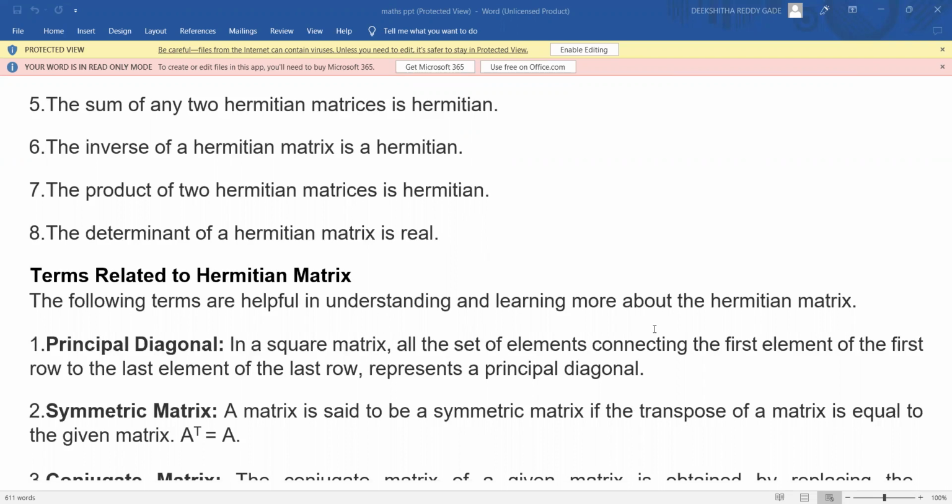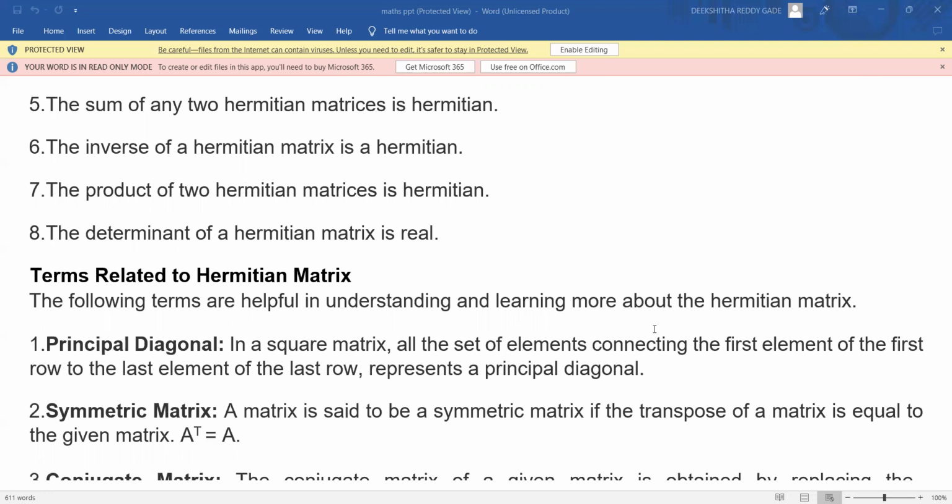A square matrix A of order n is Hermitian if and only if Aij bar equals Aij. If A is a Hermitian matrix and K is any real scalar, then KA is also a Hermitian matrix.